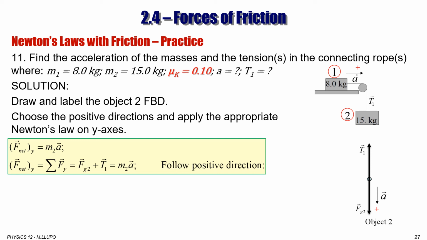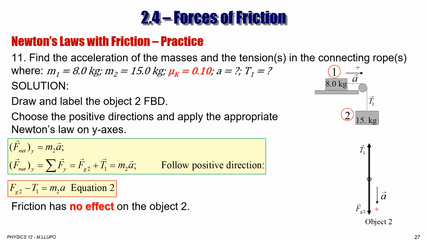Follow the positive direction, that is the direction of the motion. That is not usual because we are used to putting positive direction up. But since that is accelerating down, that will make our life easier to solve the problem. So the positive direction would be the direction of the motion and direction of the acceleration. So then Fg2 is positive minus T1 is equal to m2a. That is equation number 2.